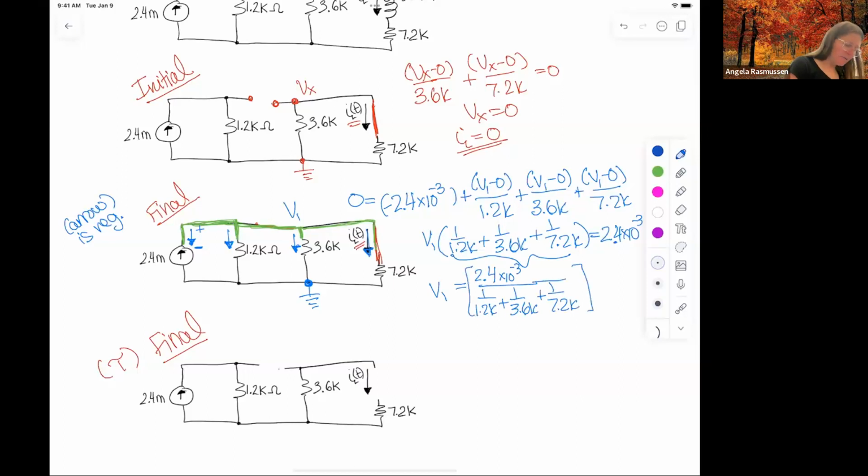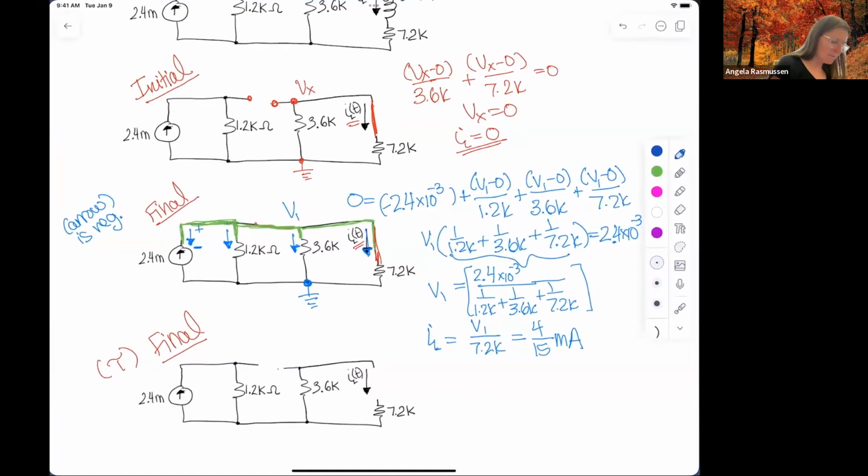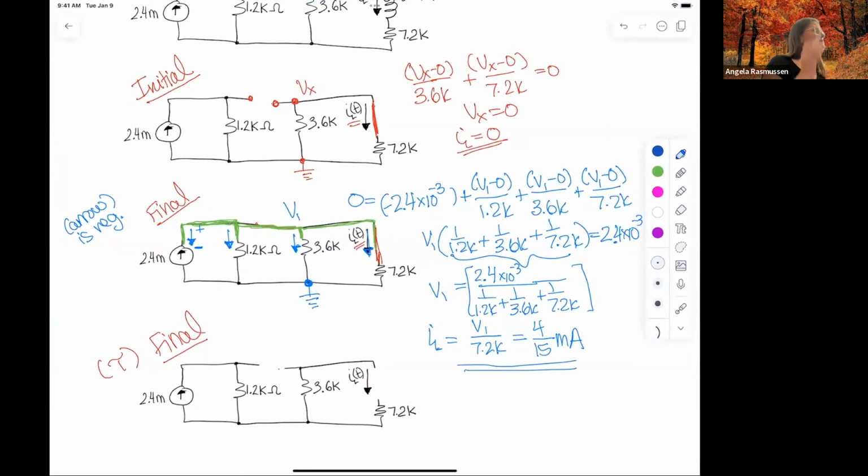And once I get V1 to find IL, which is what I need for the final, I just take the voltage over the resistance in that branch. So that will be again V1 over 7.2K. And that ends up being 4/15 milliamps. And you can write that as a decimal if you like the decimal better. And this is going to be my final value.